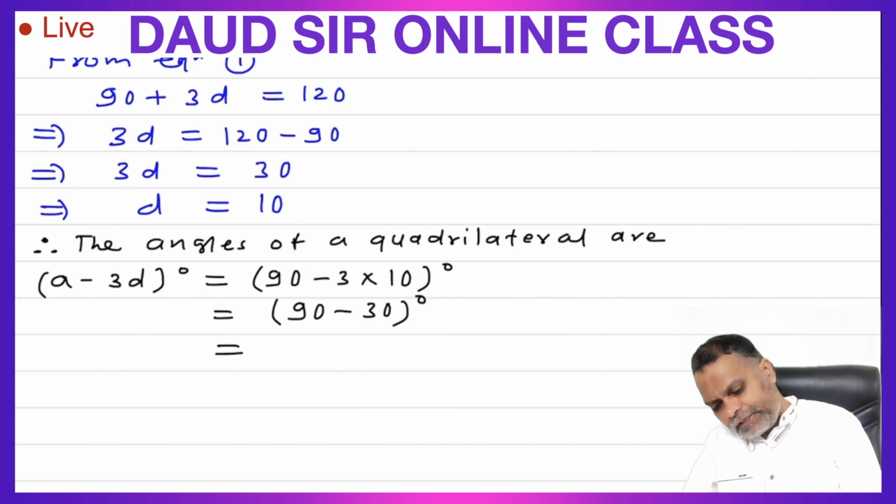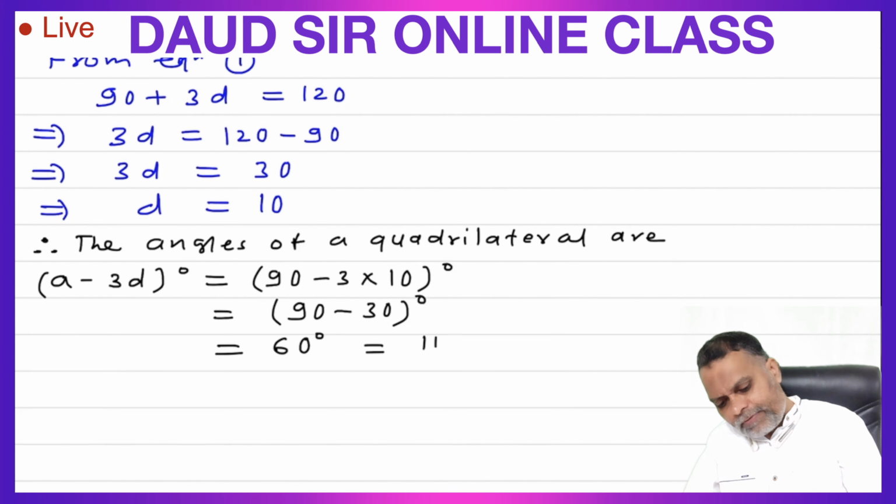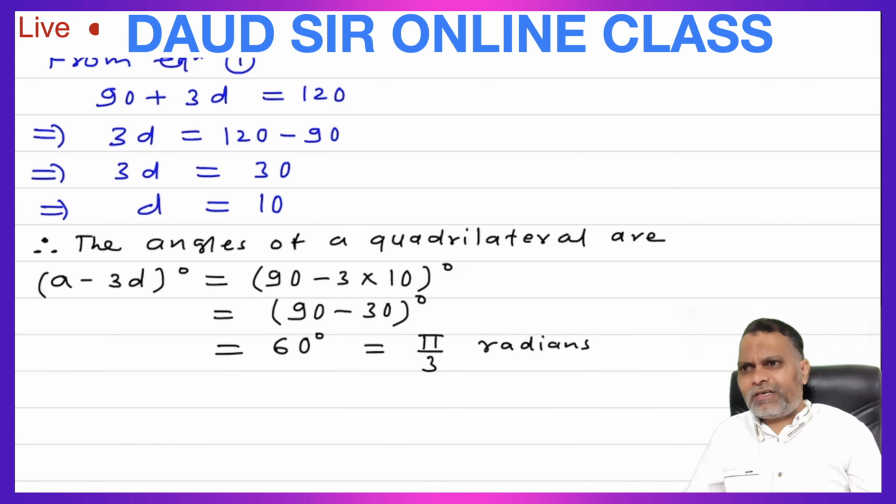So 90 minus 30 is 60 degree. We can write 60 degree is equal to pi by 3 radians. Pi by 3 is the radian.